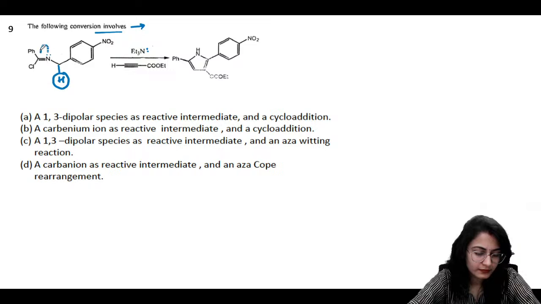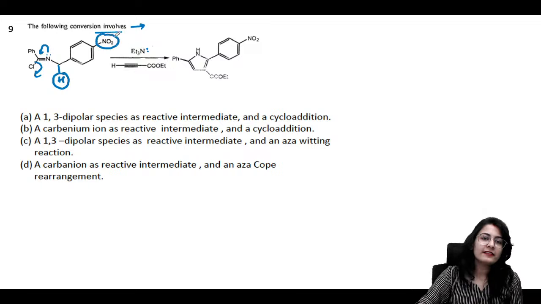Because here we are going to push this Cl off, and there is a nitro group at the para position. Okay, so this is going to be somewhat like this. Aromatic group, we write it as aromatic. Here minus, here positive. What has formed? This is a 1,3 dipolar species, not just a simple carbanion. This is not a simple carbanion. Okay, so we are going to move onwards with this.